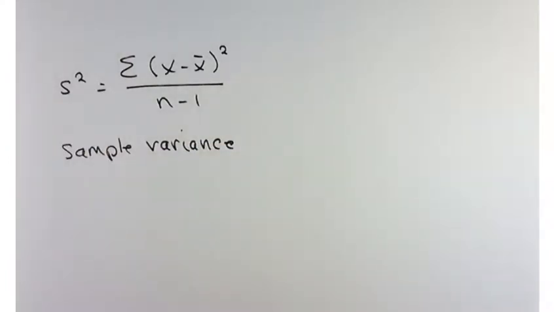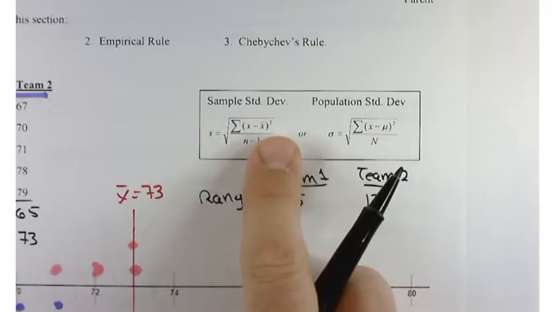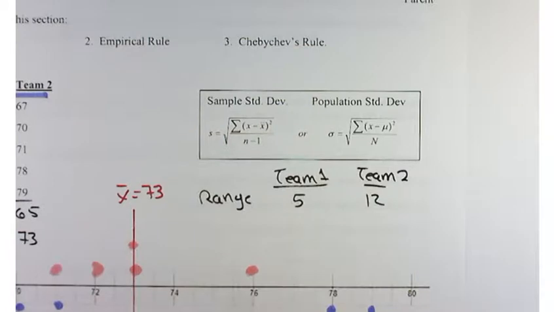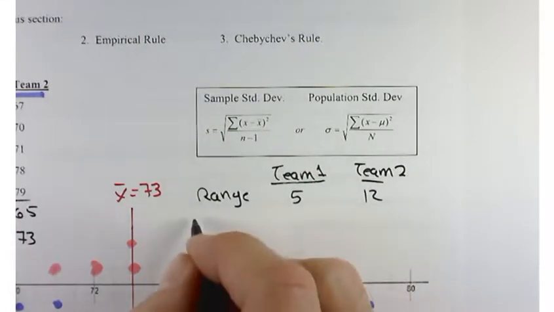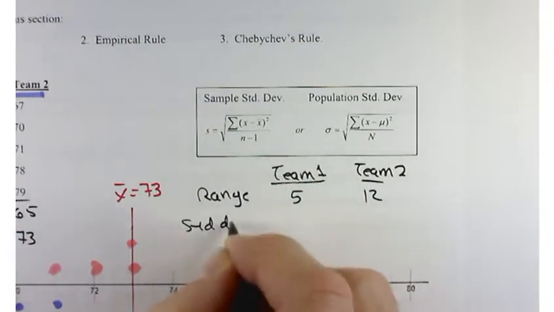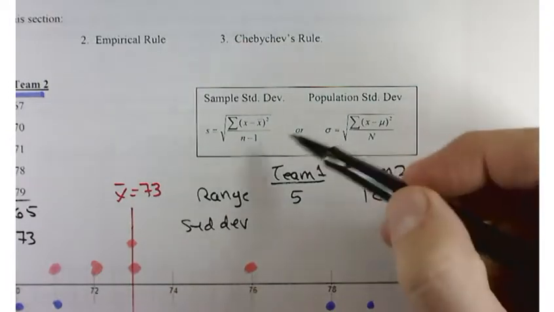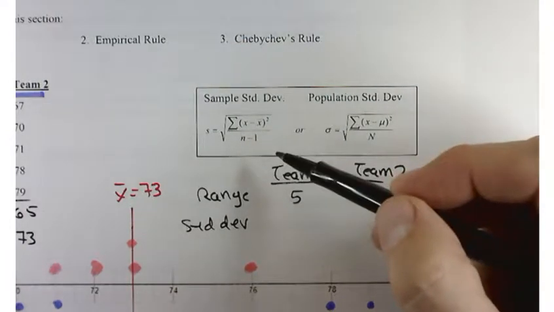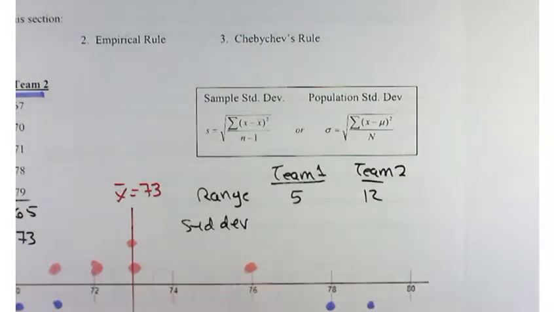then I get the sample standard deviation. And that's on your sheet right here. Sample standard deviation. So standard deviation is going to be the square root of your variance. Well, let's see what that is for this particular calculation.